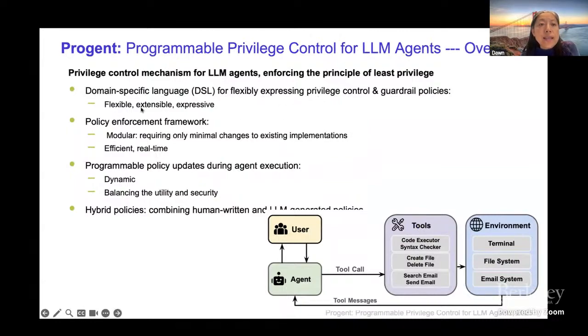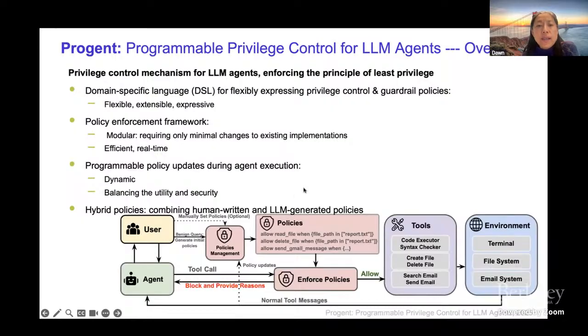This DSL is flexible, extensible, and expressive. The policy enforcement framework is modular, so it requires only minimal changes to existing implementations, and it is efficient and real-time. Also we enable programmable policy updates during agent execution that's dynamic and balances utility and security. And in the end, it enables hybrid policies, combining human-written and LLM-generated policies.